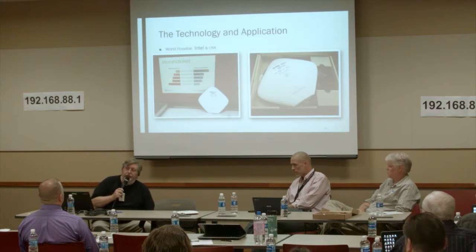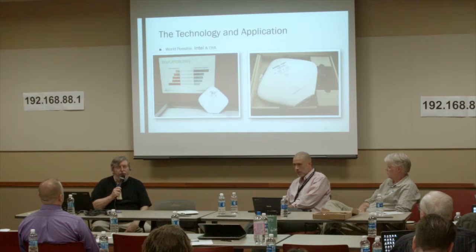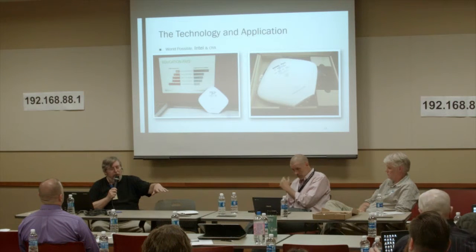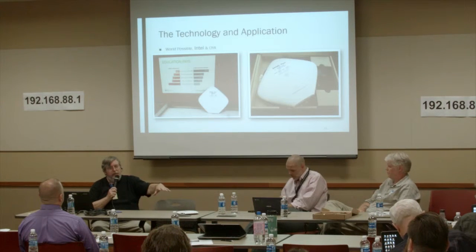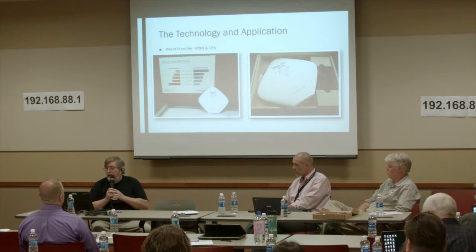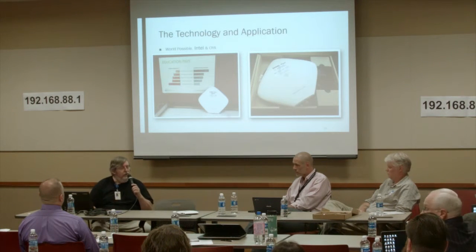The operating system is Linux. It's a Linux server operating system, version 14.4, long-term support, or LTS. Between the operating system and the content that's on it, it's about 260 gigabytes of content preloaded on it. The content's loaded by World Possible. Intel provides the hardware.